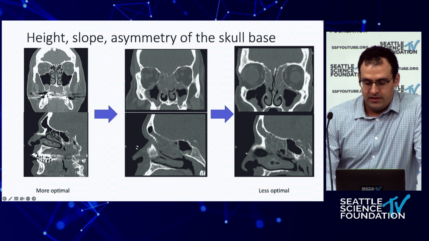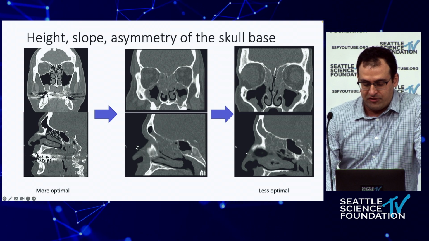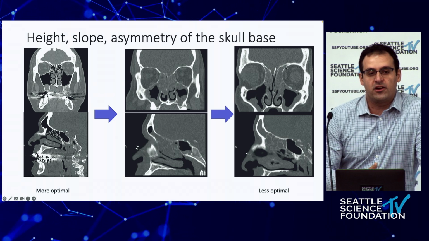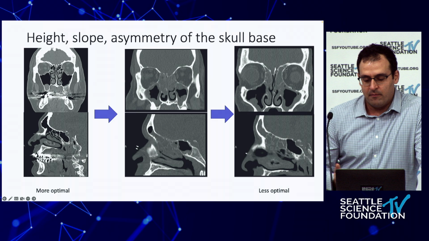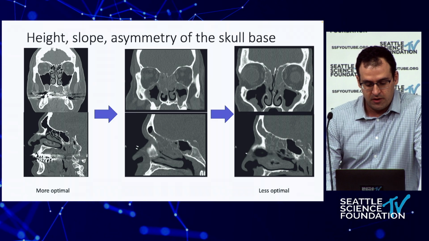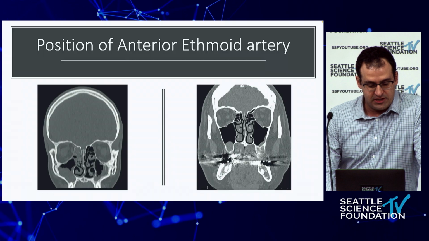When you have that nice right angle on the left, you might think, oh, this is great, the skull base is high, I've got all these cells, and then you move to the right, and all of a sudden your muscle memory could put you right into the skull base. So just being aware of that is really important. But I would say that's a less optimal orientation.